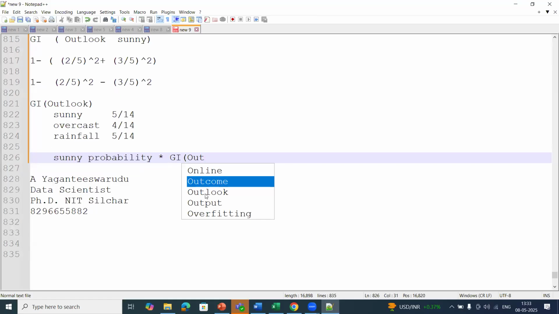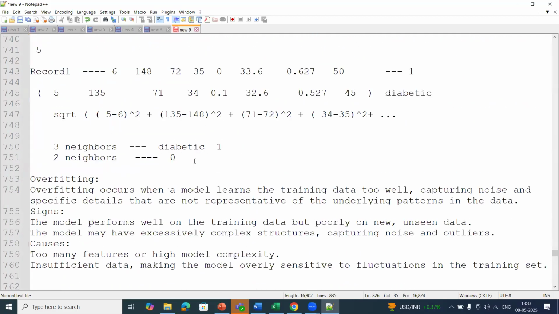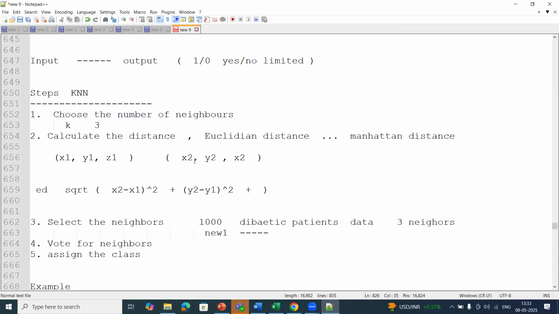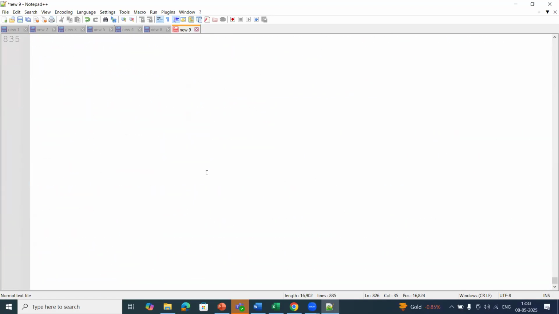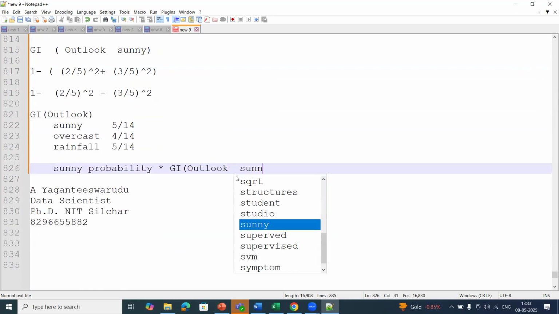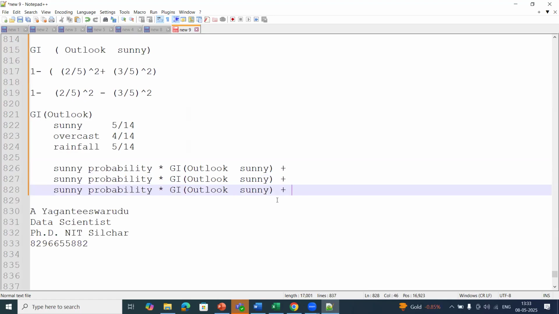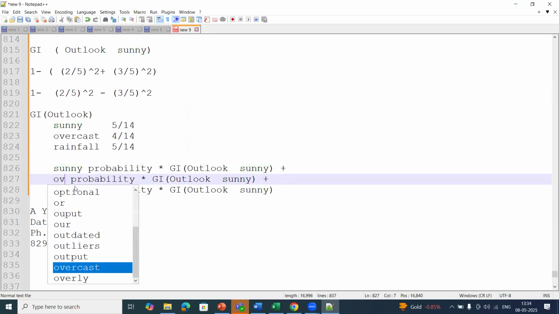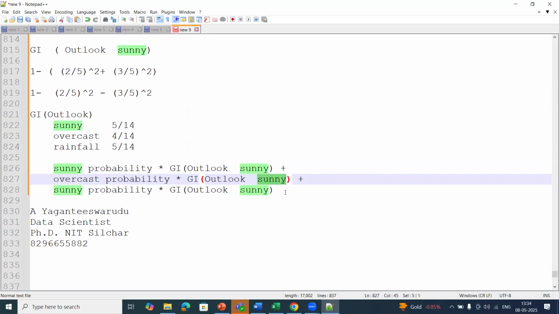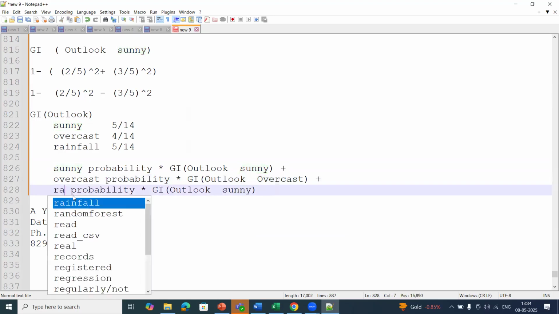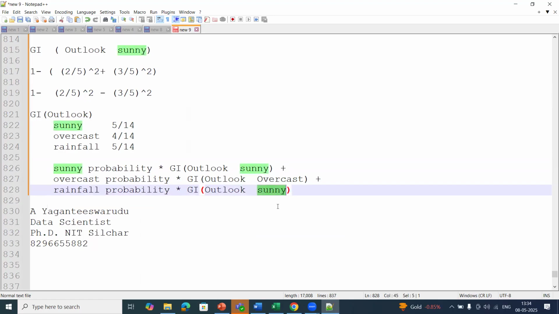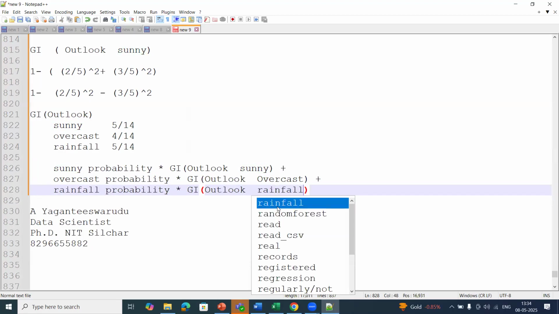Similarly, the overcast probability into the Gini index of overcast, and the rainfall probability into the Gini index of outlook equal to rainfall. So substitute all those values.